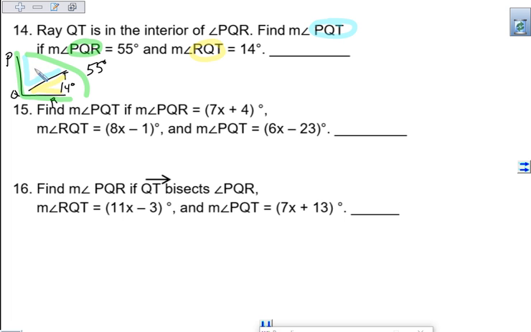So what should we put there? An X, because we don't know it. So X plus 14 equals 55. And next step, subtract 14. So that angle is 41 degrees, because it was X.